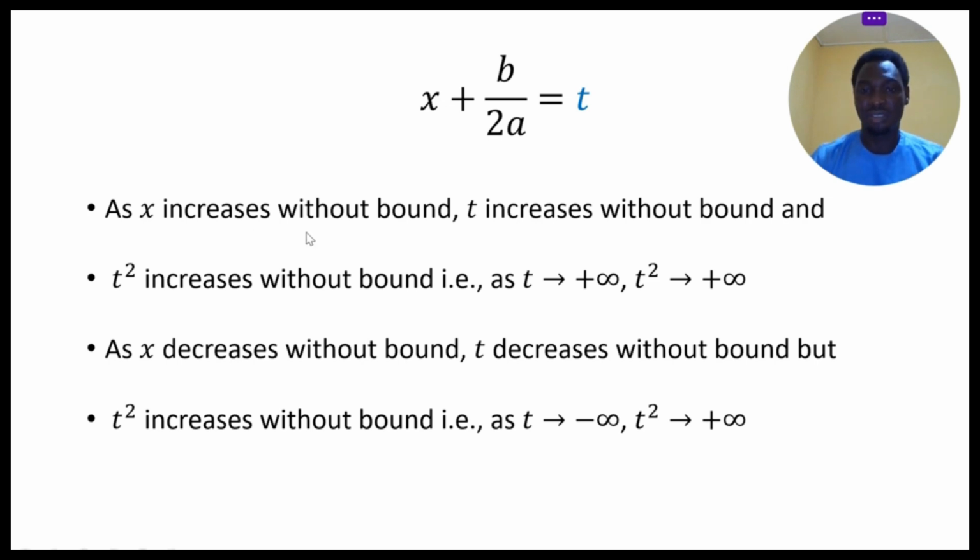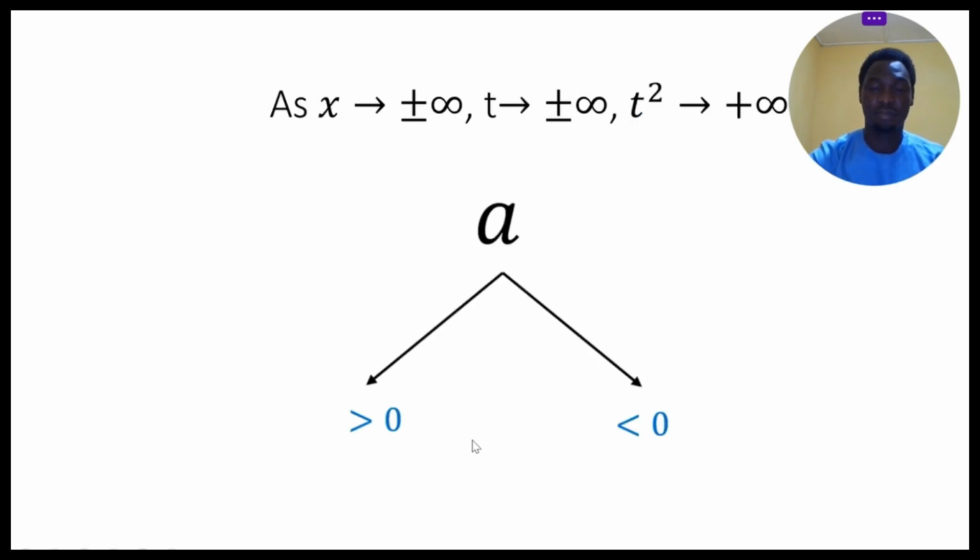So in symbols, we have as t approaches negative infinity, t squared approaches positive infinity. And so, summarizing the two scenarios, we write, as t approaches plus or minus infinity, t squared approaches positive infinity.